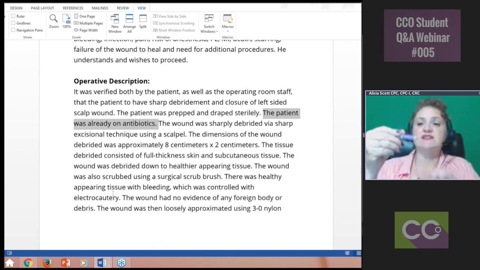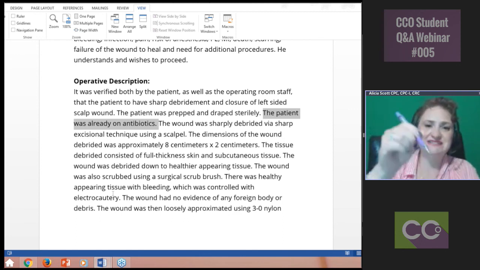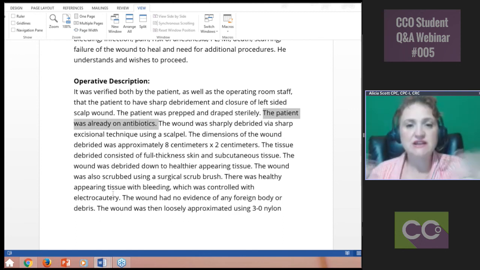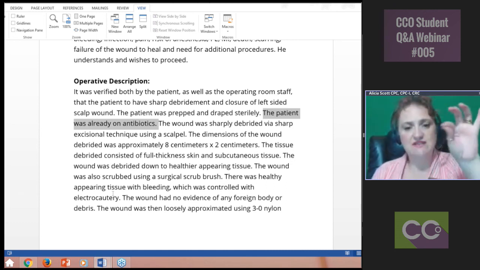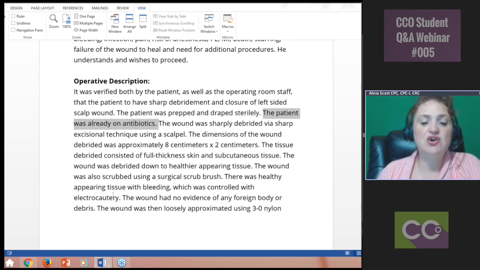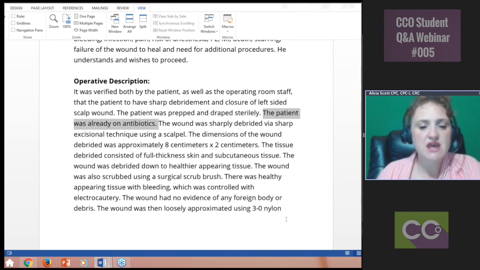It looks like this, and they wrap it with sterile stuff, and it's got a little wire, and it's literally a little needle type thing, and they zap it and cauterize the little vessel, and it'll stop bleeding. The wound had no evidence of foreign body, so that's good. And if there was, they got it out, or debris. So that's not what caused the infection, or the ER got it all out the first time.